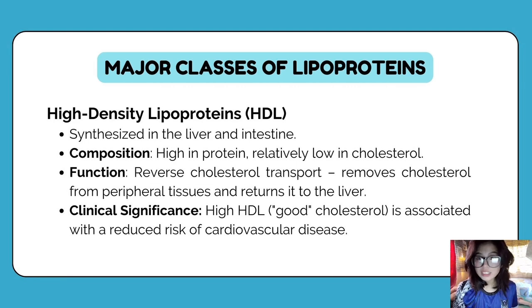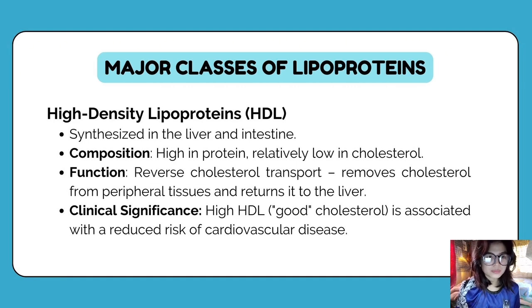It collects cholesterol from peripheral tissues, including the arterial walls, and transports it back to the liver. So why is HDL called good cholesterol? By removing cholesterol from the arteries, HDL helps to protect against atherosclerosis and cardiovascular diseases.